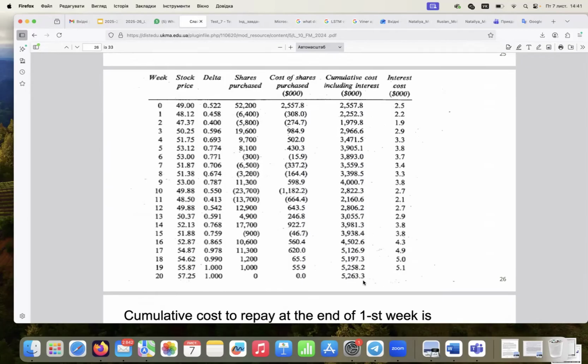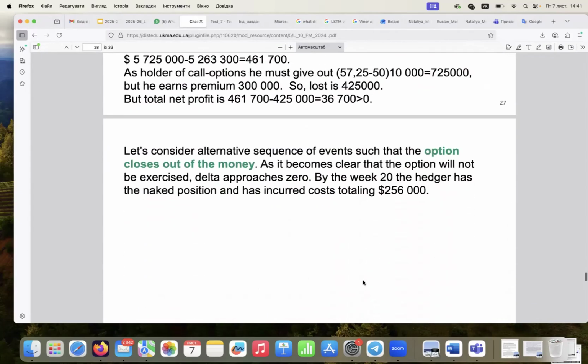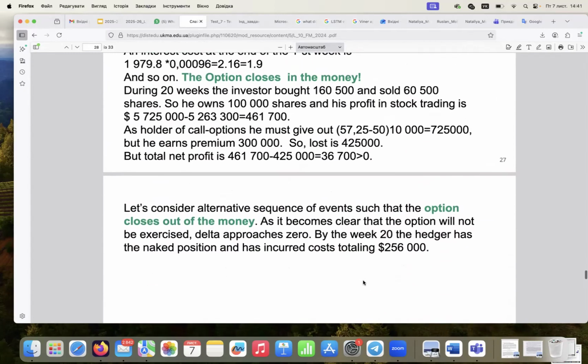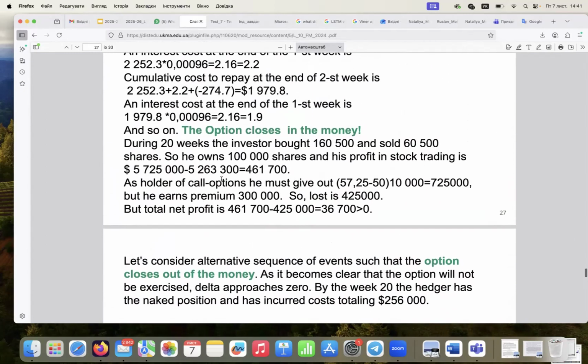So we need to subtract our debt from our profit, and we have the profit. It is more or less than this, but anyway, we have this profit. It is profit from stocks, from shares trading.